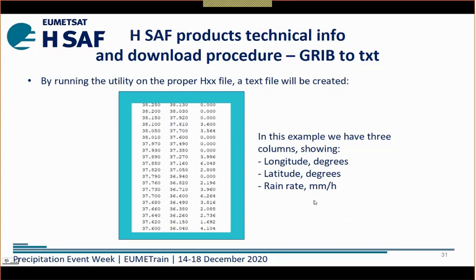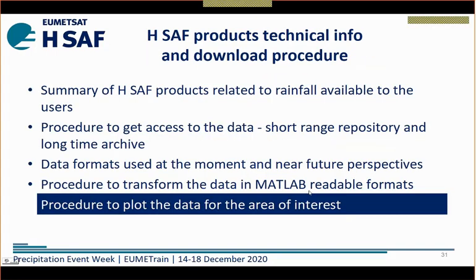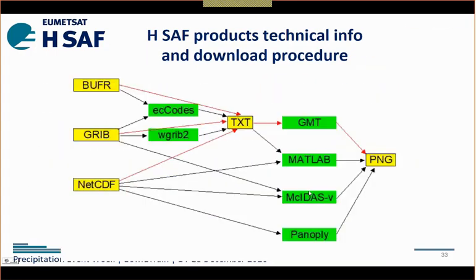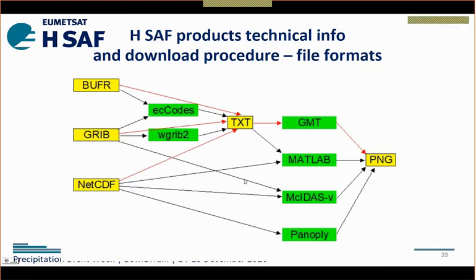What to do to plot? Well, I think here we have all the utilities we can think of. First, please follow the red paths. These are the paths we are actually using within the automated process. Starting from BUFR, GRIB, or NetCDF, we always convert to text files. Then using the Generic Mapping Tools, we have the PNG files.